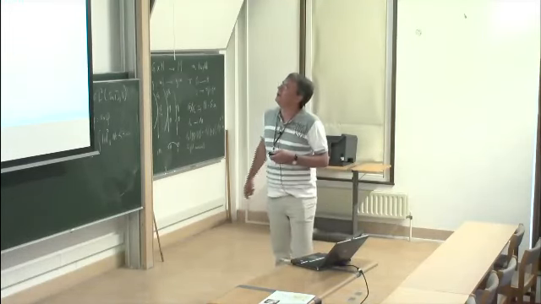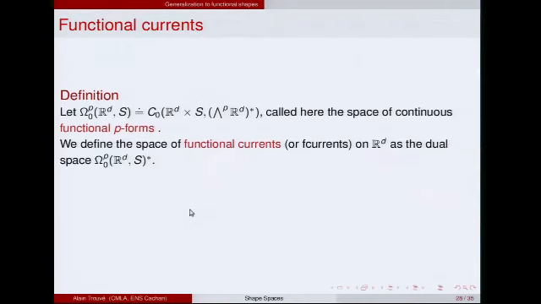So what we propose, and what we are currently studying, in this very recent work, is to work with what we call a functional p-form. It's our nickname. I don't know if this is mathematically a very good name. I don't think so, but okay.